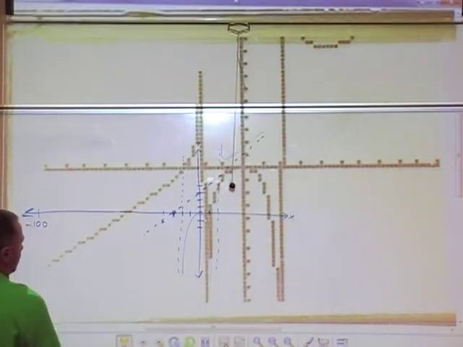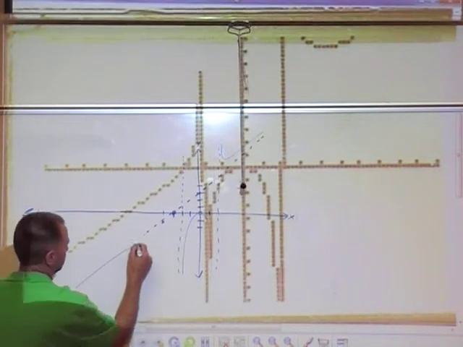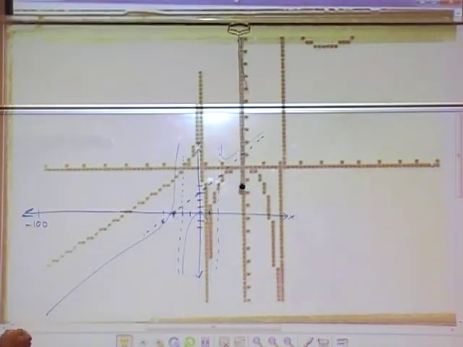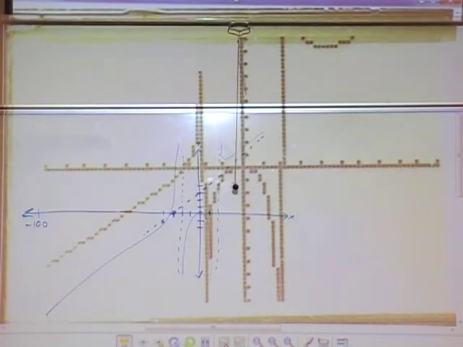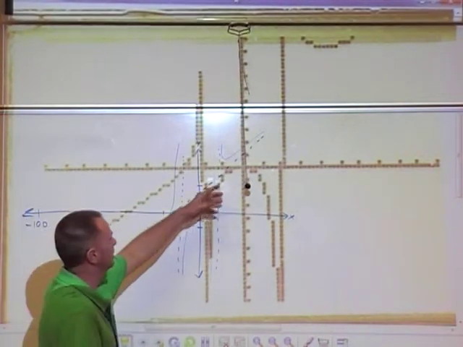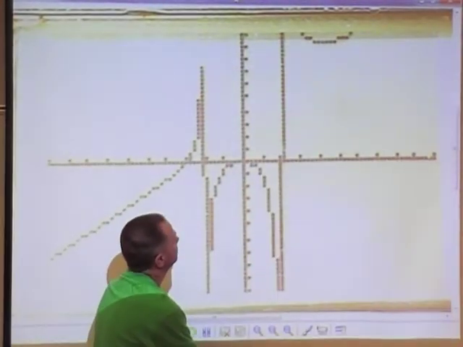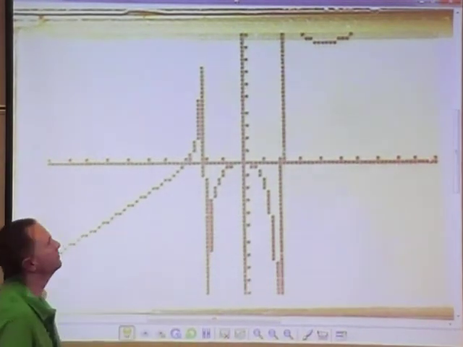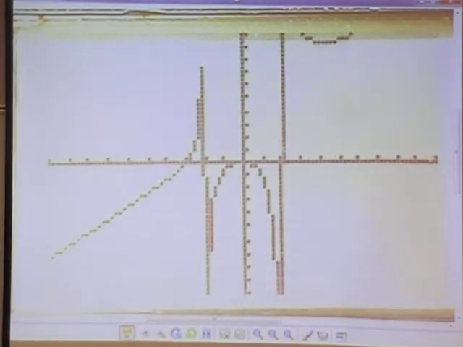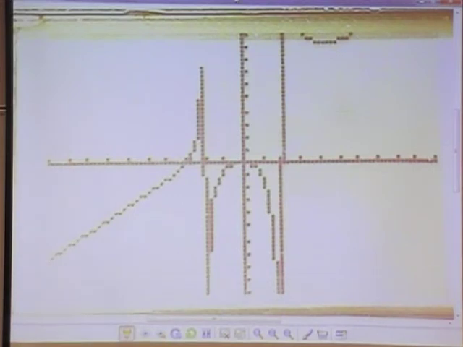Like that. That's what it looked like. So, as you can see, that's what that is. Okay? So use your graphing calculators to help you.